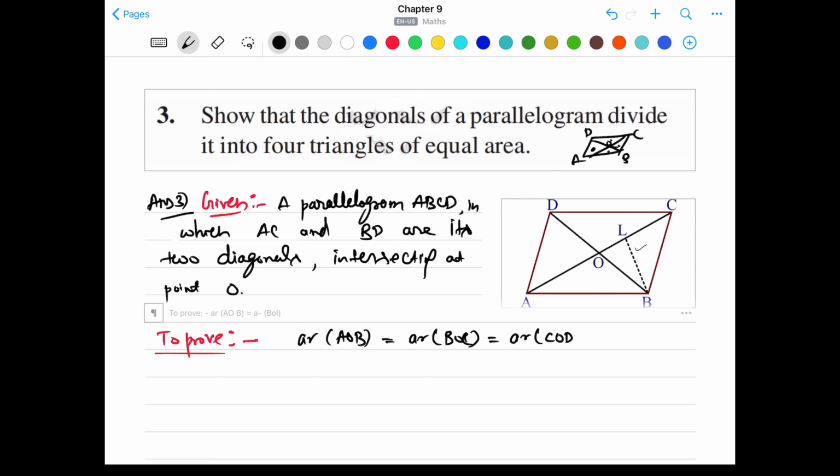Okay, that's what we have to prove. We're going to start with the construction.